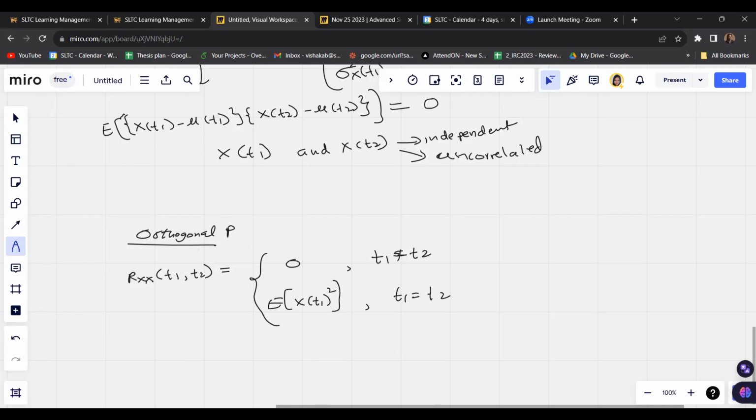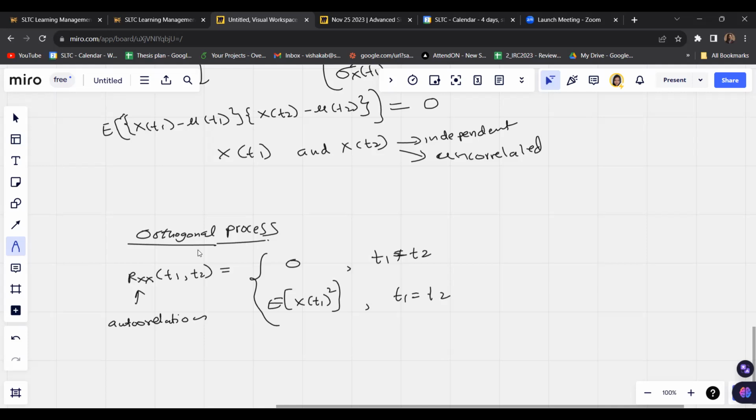So if it is a random process which is orthogonal, we can define the values of the properties using its autocorrelation function. So the autocorrelation function is very useful to find the properties of the process.